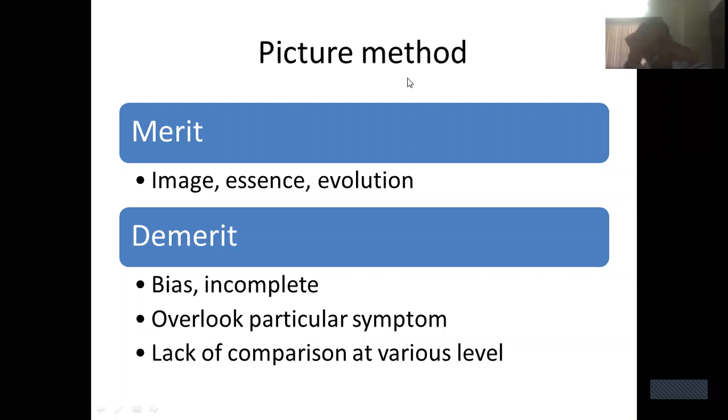Then this picture type of study of comparative materia medica also gives us the evolution of the remedy. This evolution of remedy is nothing but evolution of remedies as per the different age groups. So, for example, in books like Portrait of Comparative Remedies by Catherine Coulter, there is one drug, Calcarea carb, and under that Calcarea carb, Catherine Coulter describes how is a Calcarea carb child, how is a Calcarea carb adolescent, how is a Calcarea carb adult person, how is a Calcarea carb male, how is a Calcarea carb female, how is a Calcarea carb old age person.